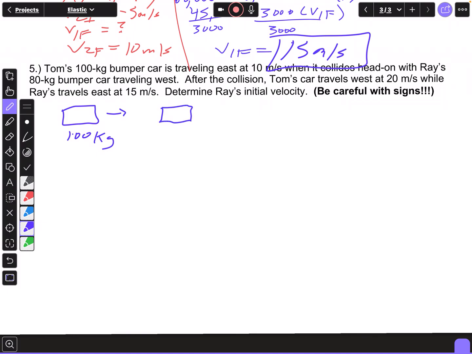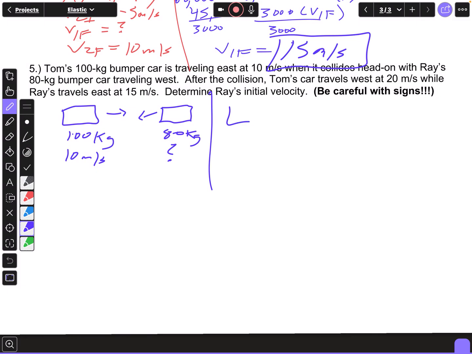That's going to be my M2, and it said this first object is traveling east at 10 meters per second, so that'd be positive. And Ray's 80 kilogram bumper car is traveling west. So we know it's traveling west, but it doesn't give us that velocity. That's our unknown.